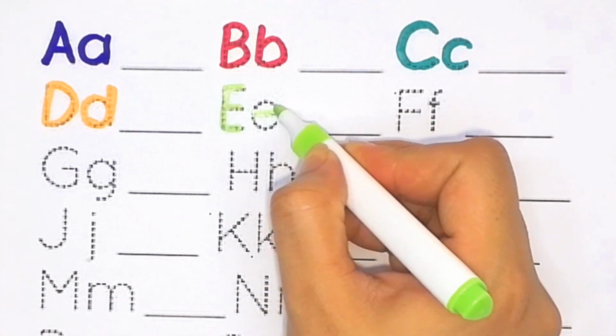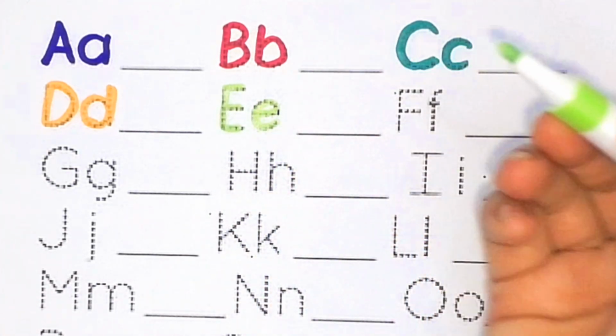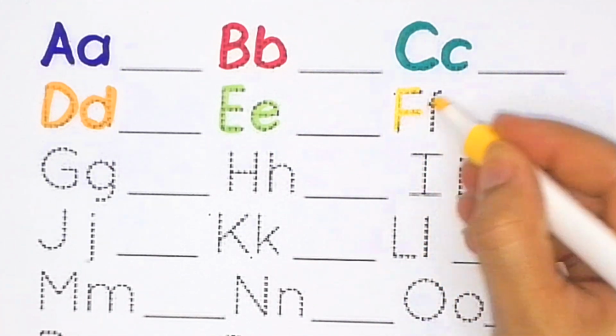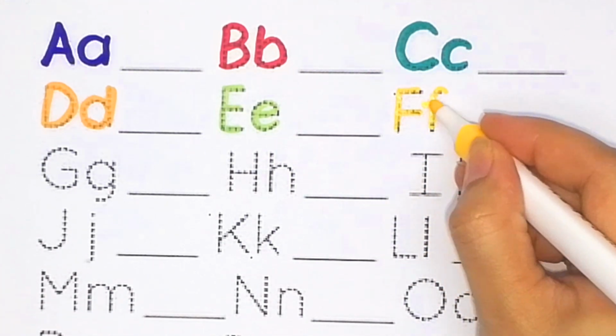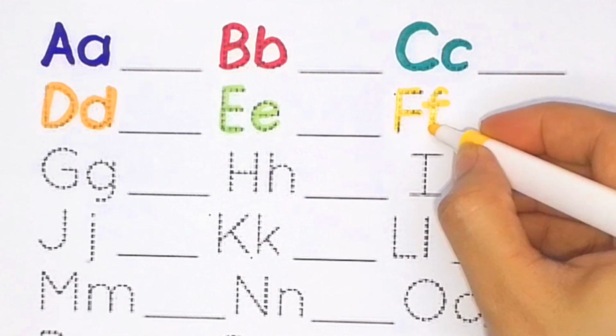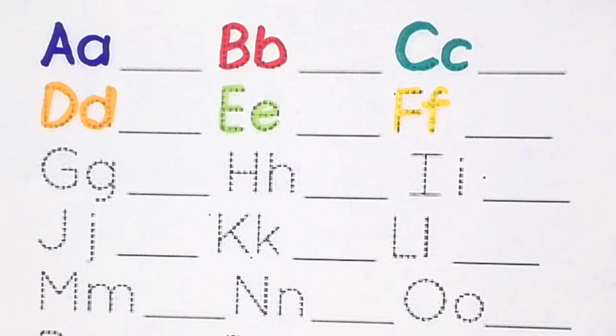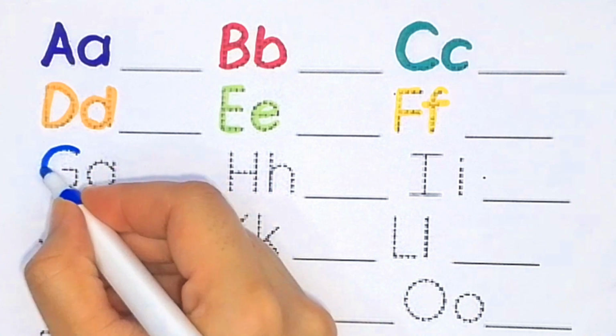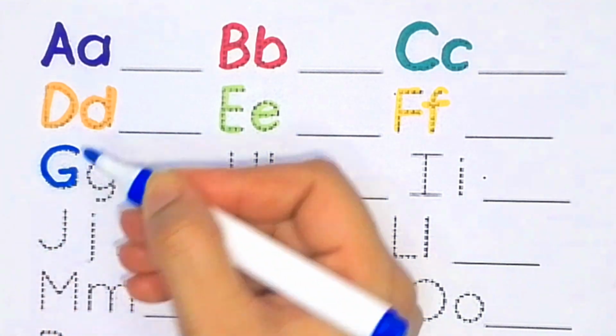E for elephant. Yellow color. F for frog. Blue color. G for grapes.